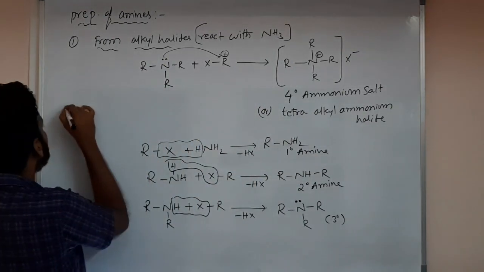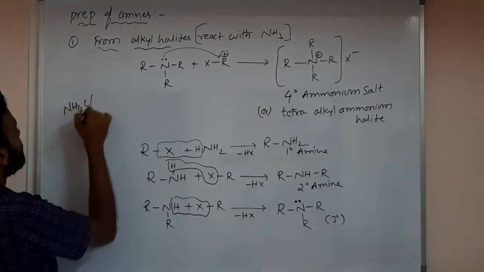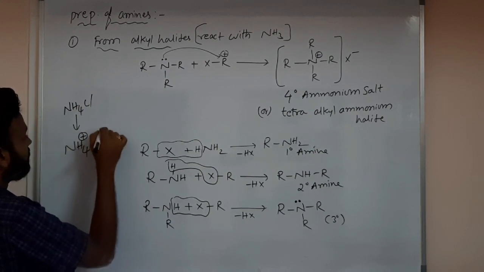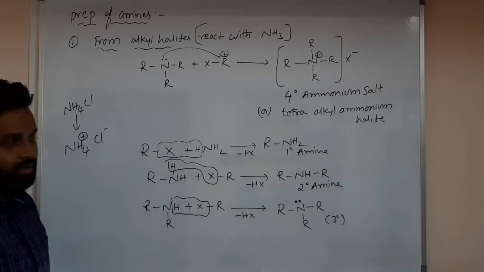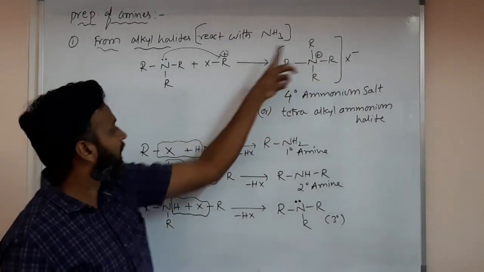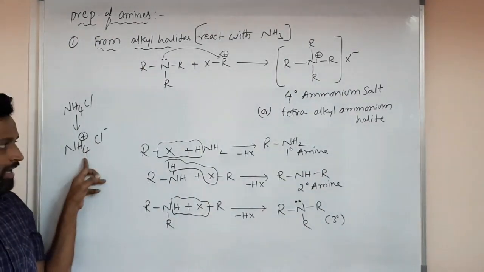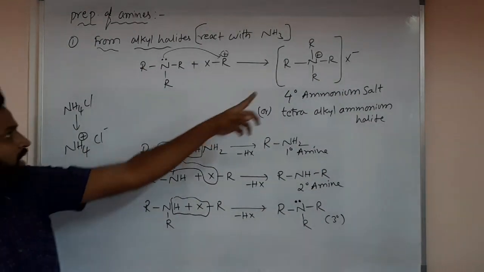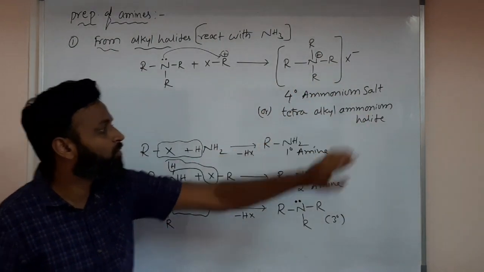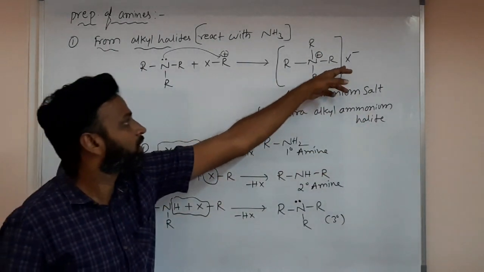Ammonium chloride is NH4Cl, NH4 plus and Cl minus. So here, instead of four hydrogens, you have four alkyl groups. That's why it is tetraalkyl ammonium halide. If it is chlorine, chloride, like that.